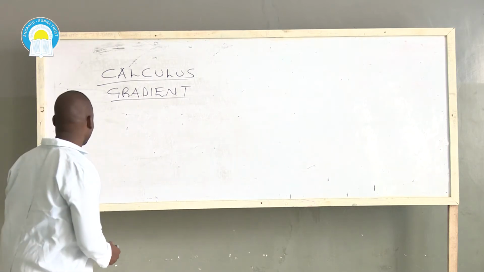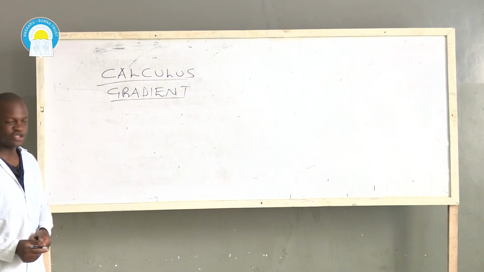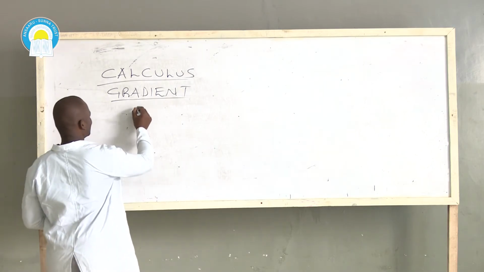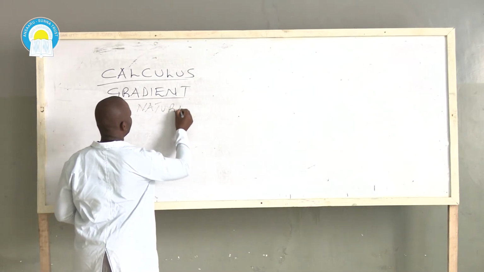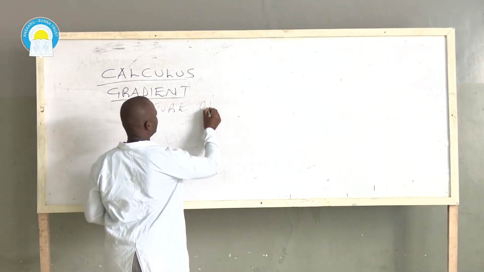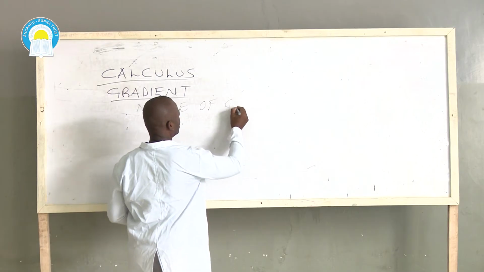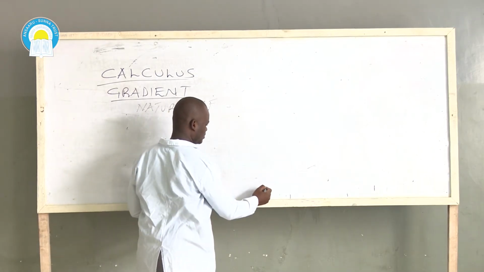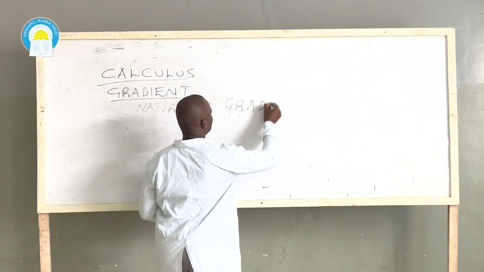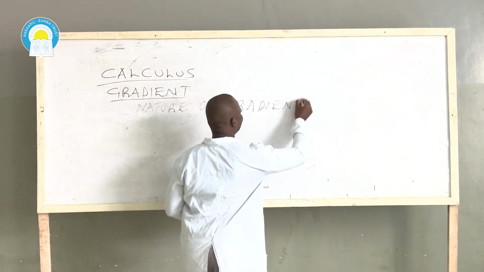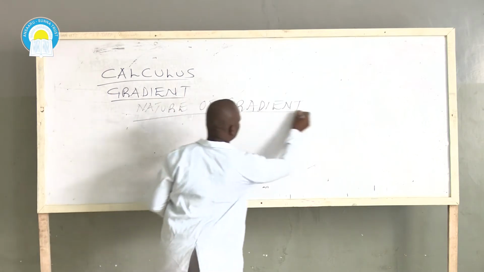Normally there are 4, and I'm going to discuss each one. This is something you must be able to remember: the nature of the gradient of a straight line.